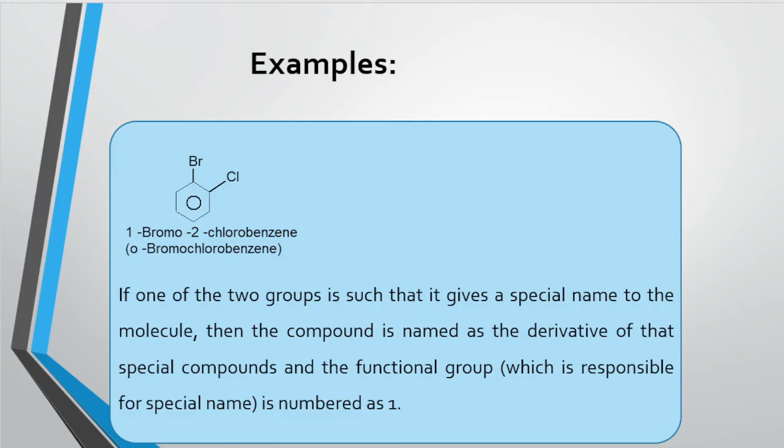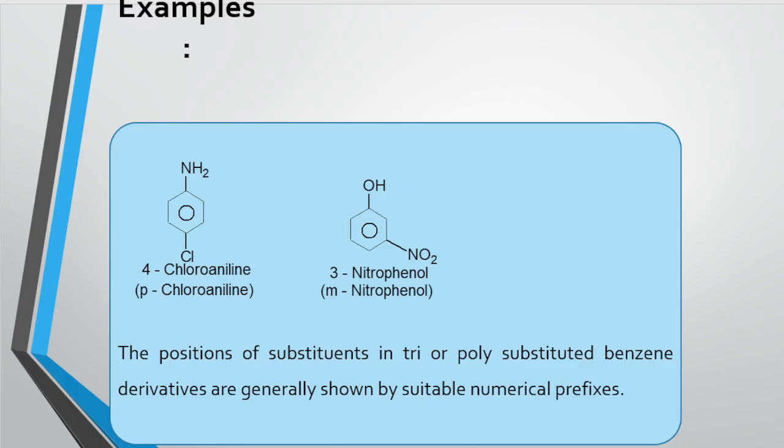Now, suppose one of the two groups is such that it gives a special name to the molecule, then the compound is named as a derivative of it. For example, on benzene if NH2 is already there, the special name is aniline.